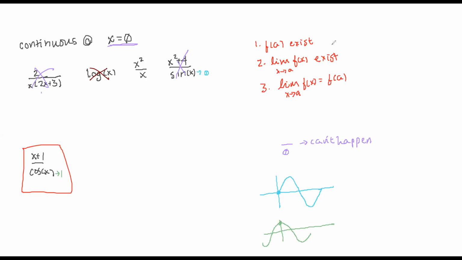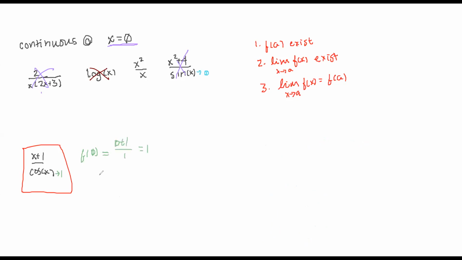We're going to have to do a double check for all of these rules here, though. Basically, let's break it down like this. We have f of 0. If this is f of x, then this is going to be 0 plus 1 over 1, which is equal to 1.